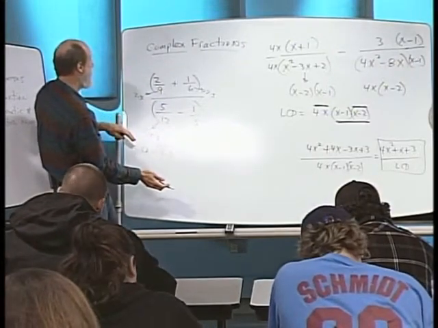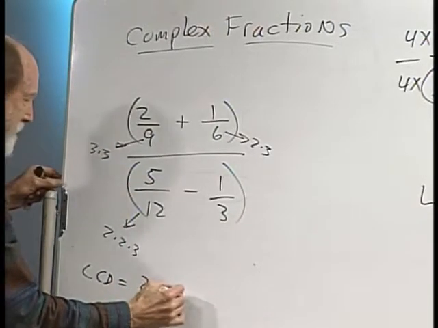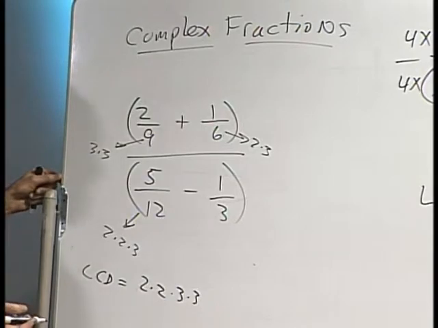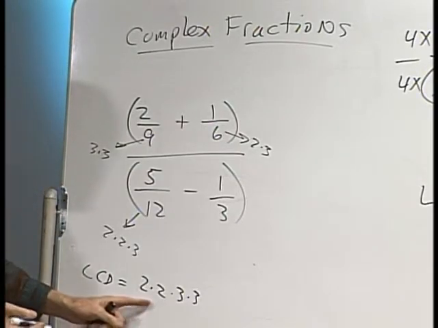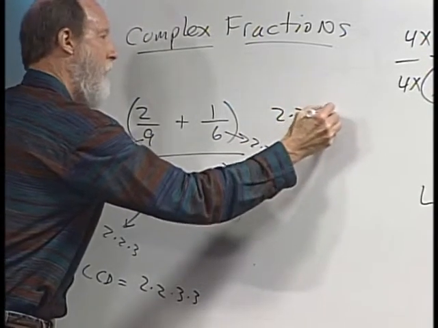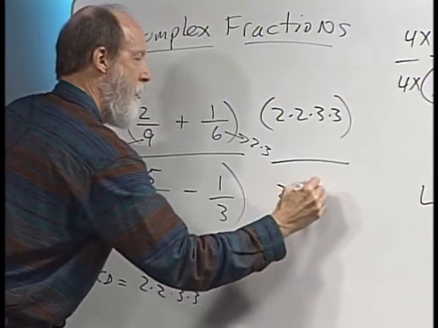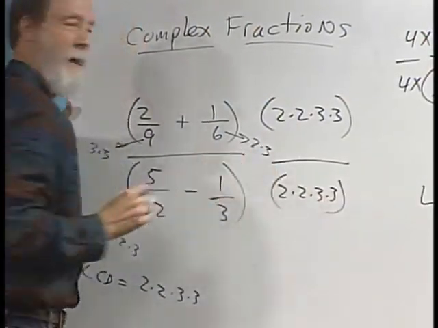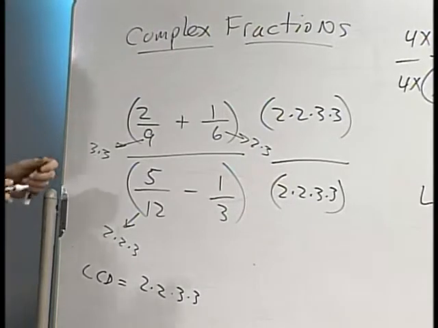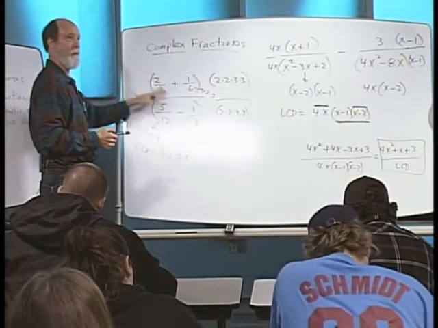How many 3's? A pair of 3's. There's your LCD. We're going to multiply the numerator by it, and the denominator by it. Any questions so far? Very basic, but very critical that you know how to do this efficiently.